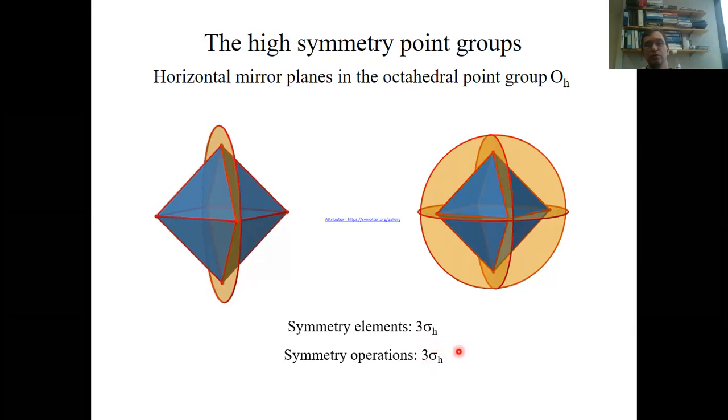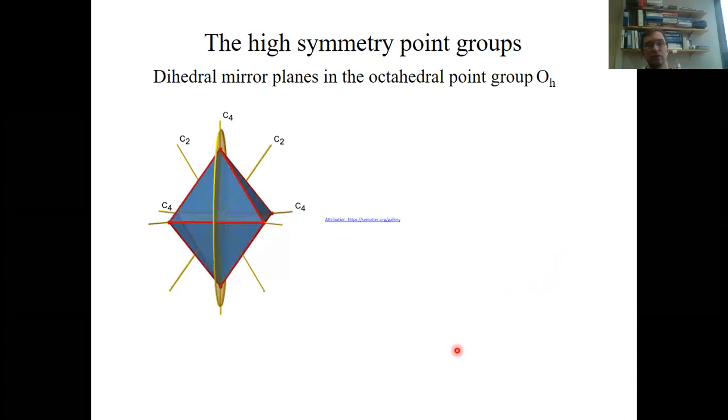Now do we also have vertical mirror planes in addition to the horizontal ones? And the answer is yes. These vertical mirror planes bisect the octahedron this way, in a way that is actually cutting 2 opposite edges in half.